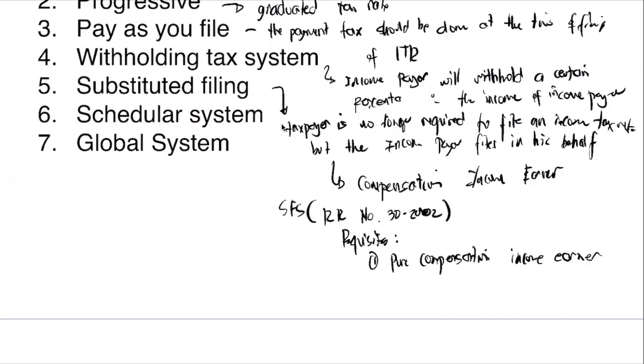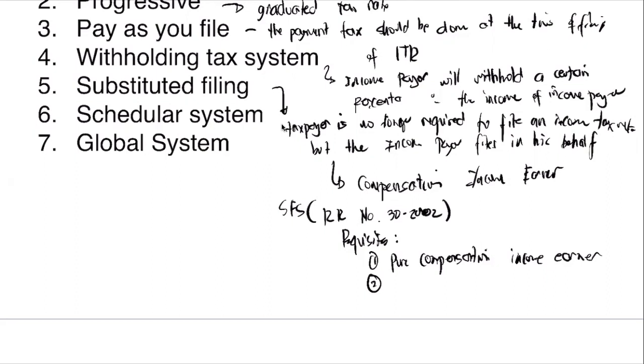That can be compensation, that can be interest, that can be dividends, that can be profession. If you are a pure compensation income earner, you can qualify in the substituted filing system. So when we say pure compensation income, yung income niya lang manggagaling lagi sa compensation.